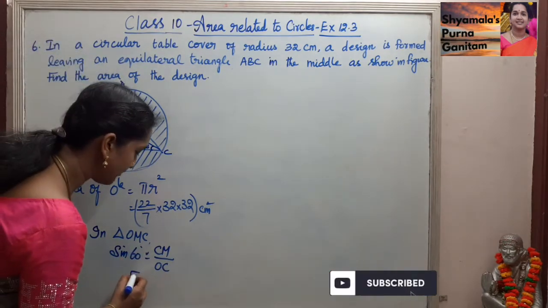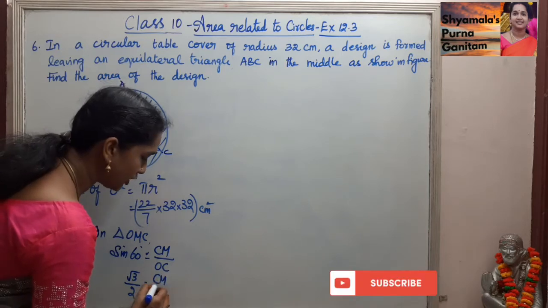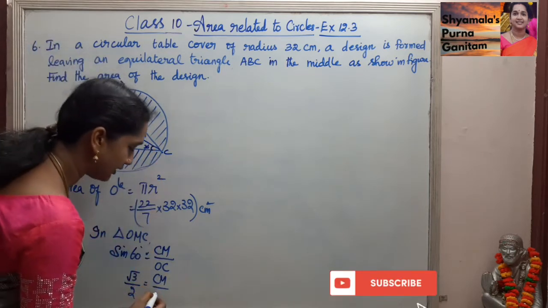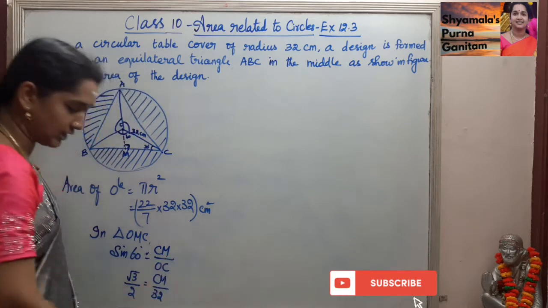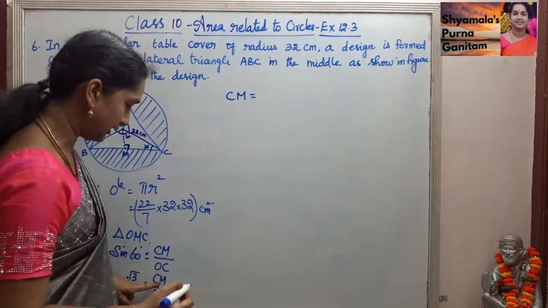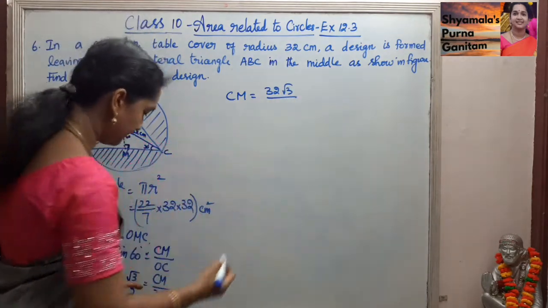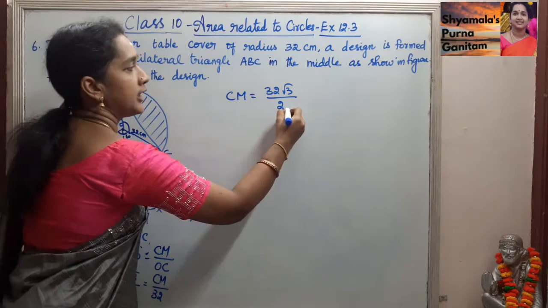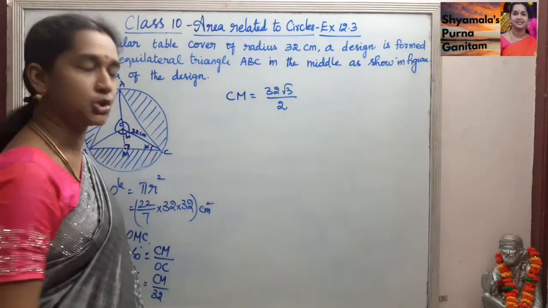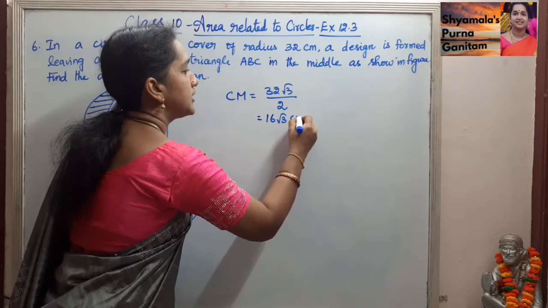Sin 60 value is root 3 by 2, equal to CM, which we need to find, by OC, whose length is given as 32 centimeter. So we'll get the length of CM as 32 root 3 by 2. When we simplify this, we'll get 16 root 3 centimeter.